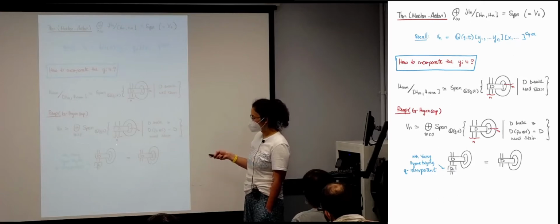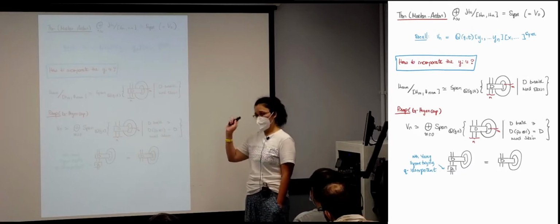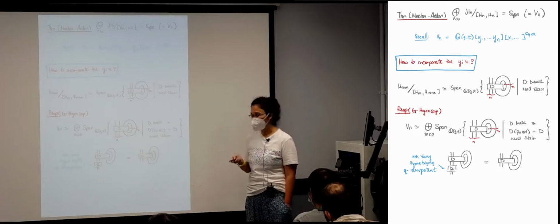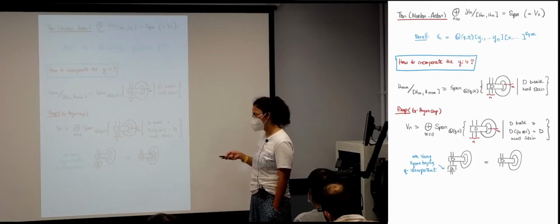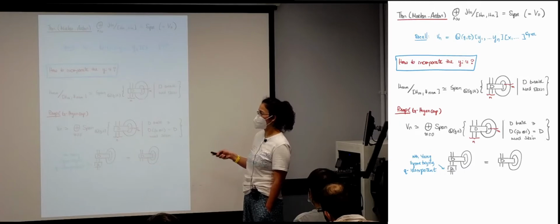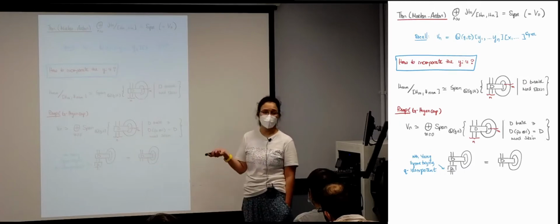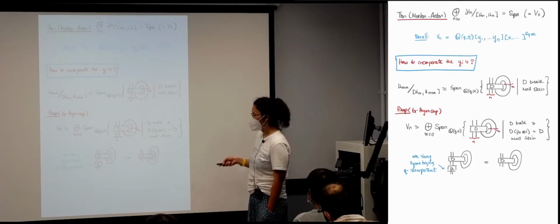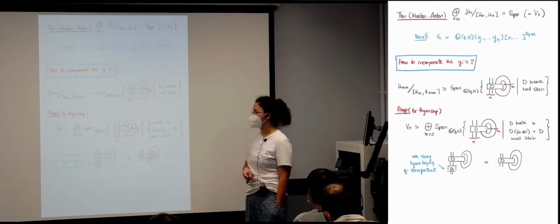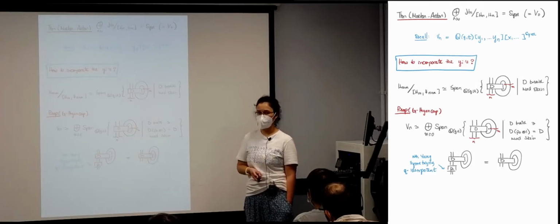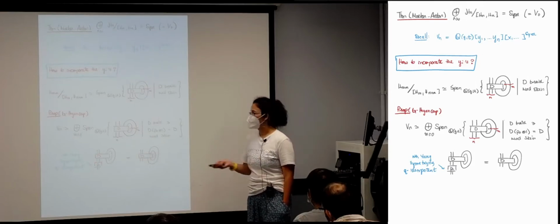So if I were to act on the bottom by a crossing on these n strands, it would leave it invariant, whereas if I act on the top by a crossing, it actually does something non-trivial. And this is a technical condition. For the isomorphism as a vector space, you don't need it. But because we are interested in constructing an action of this algebra on this space, we added this technical condition. Any questions? Okay.